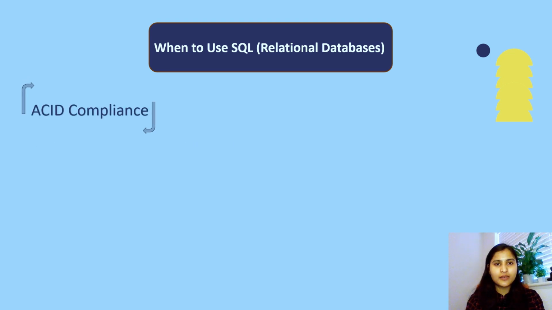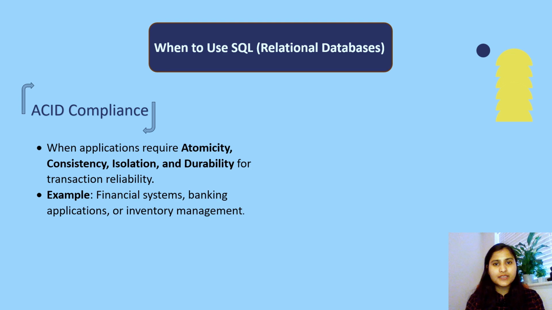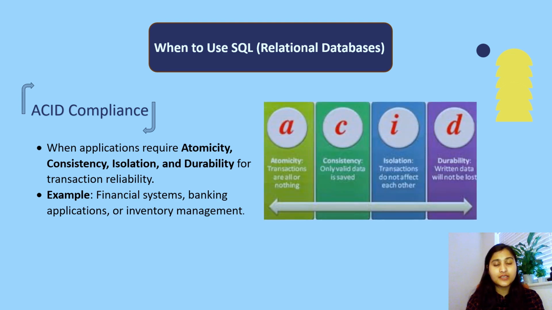Next is ACID compliance. Whenever your application requires high data reliability and transaction integrity, some common examples include financial systems, inventory management, and e-commerce platforms. So these are the examples where ACID compliance is mandatory.